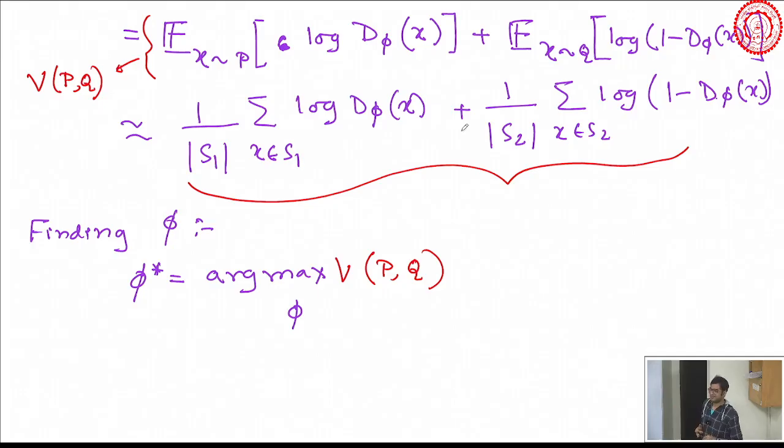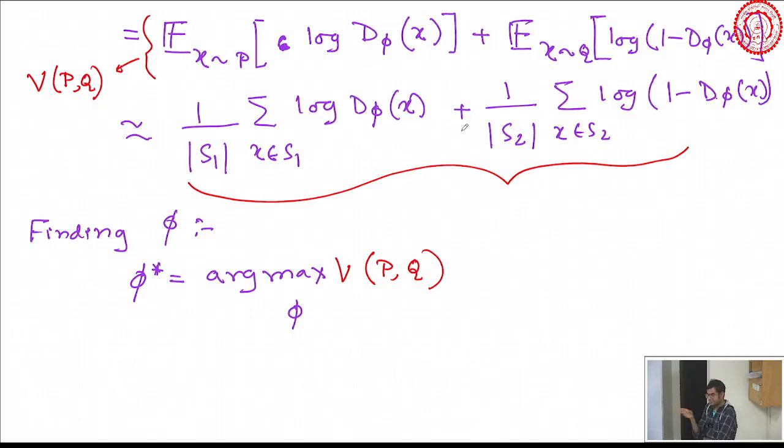If you take the integration, what will you get? Integration of log D phi multiplied by p data dx plus integration of p theta x log of 1 minus D phi x dx.